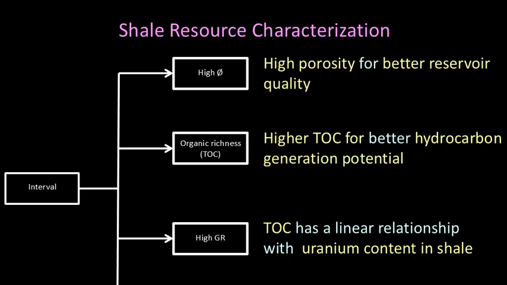Again, here the properties of interest are porosity, the organic richness, the high gamma ray, because that's going to be diagnostic of the shales, and of course TOC has a relationship with the uranium content in the shale, and then brittleness is important because it makes the rock fracture better.